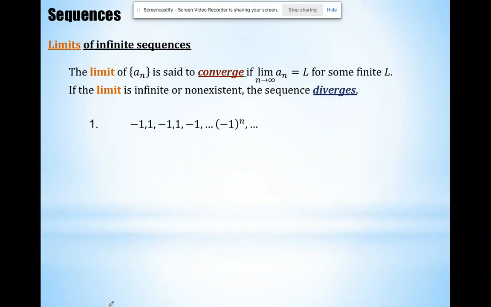So this idea of a limit of an infinite sequence, the limit of a_n, right, and this is the notation I told you I don't really like. The limit of the sequence is said to converge if the limit as the terms go to infinity is equal to a number.